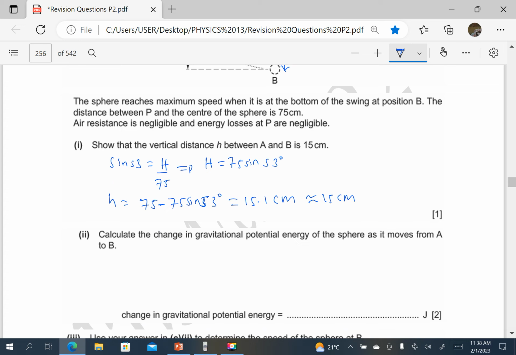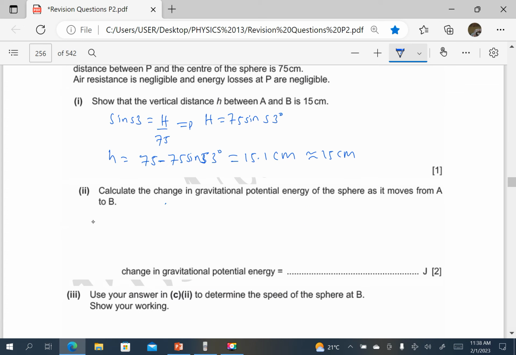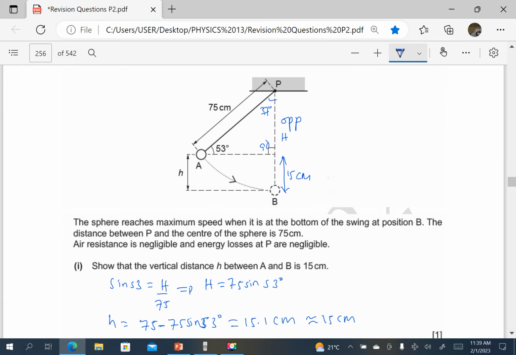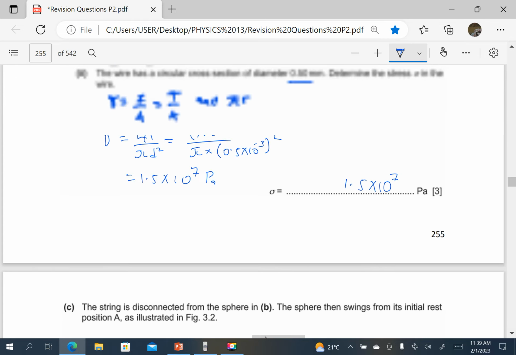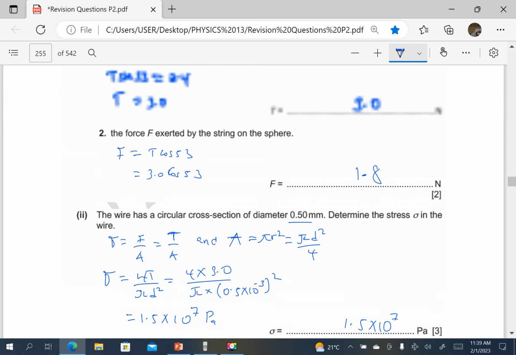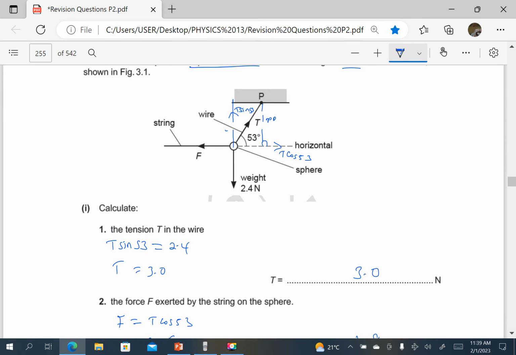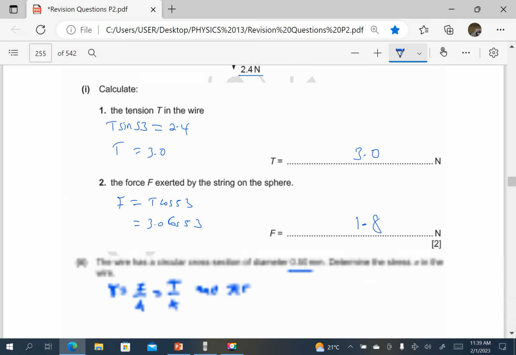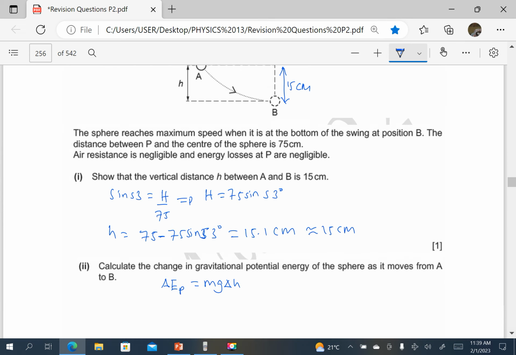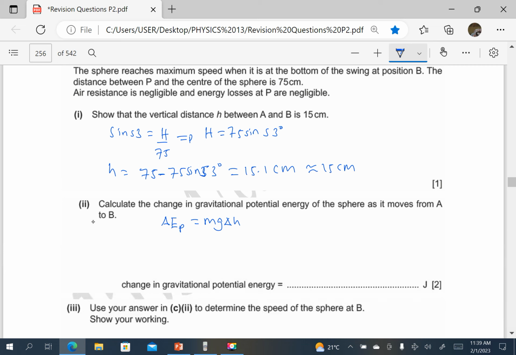Calculate the change in gravitational potential energy of the sphere. I think the change is easy. Change in potential energy is equal to mg times the change in height. Since they didn't give us the mass, but they gave us the weight as 2.4 newtons for the sphere, we shall use the weight. So mg is the weight, so this is the weight times the difference in height, which is 15 centimeters.